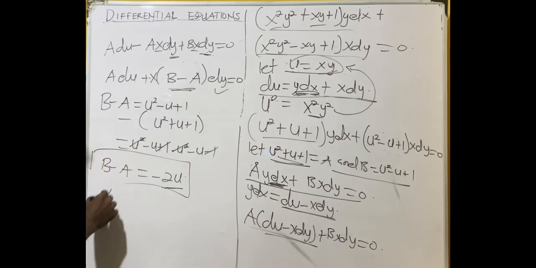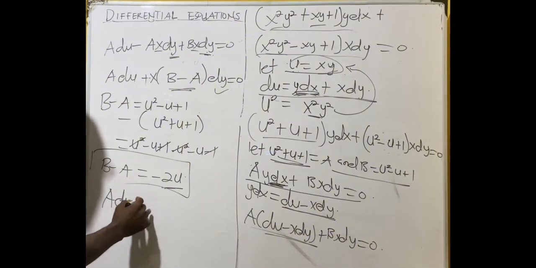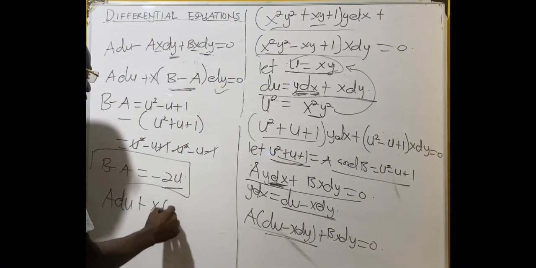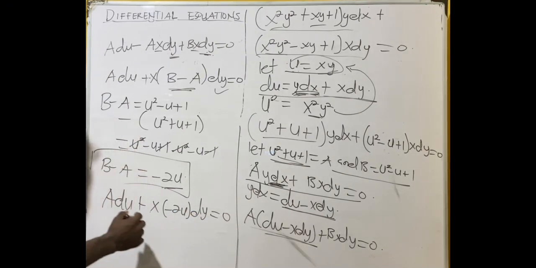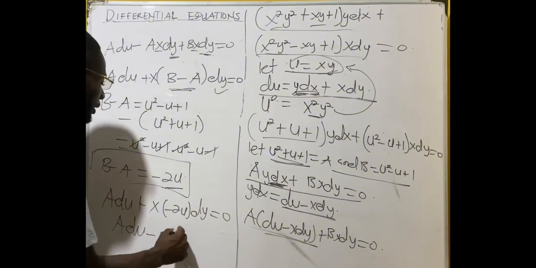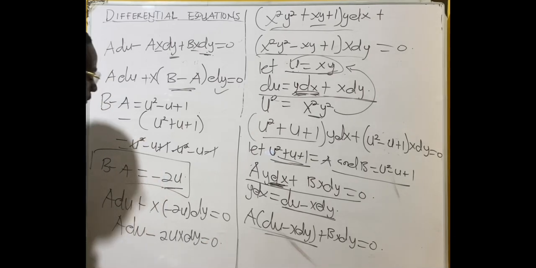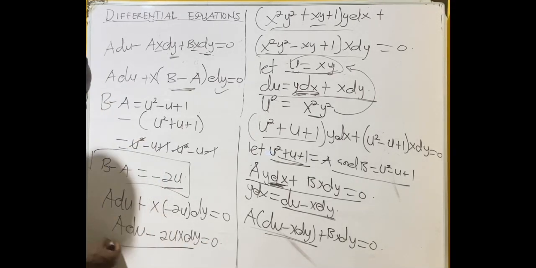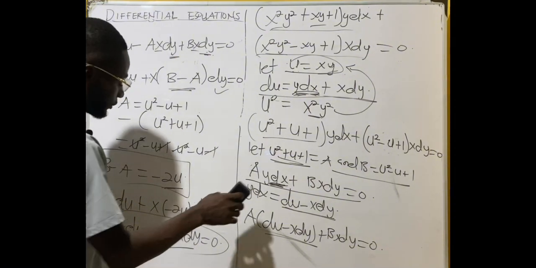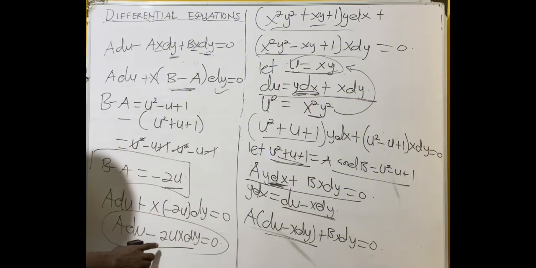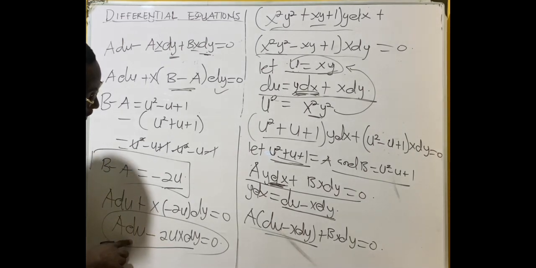So we have a du plus x into minus 2u dy equals 0. So we have a du minus 2ux dy equals 0. All right, so this is what we have so far. Okay, so what can we do with this equation? We can see clearly that we are trying to eliminate all the x so that we have an expression in terms of u and du, right?